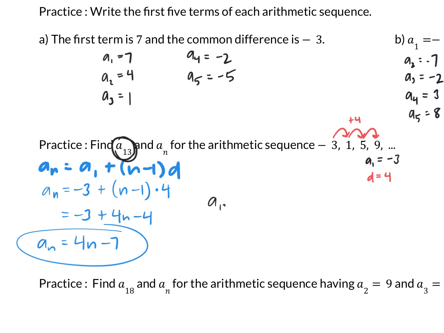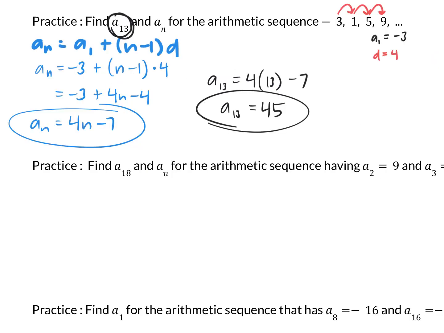So I've got a sub 13 is equal to 4 times 13 minus 7. And now we can just go ahead and plug in our calculator. What is the 13th term of my sequence going to be? 45. Okay, see how those formulas are pretty helpful there?